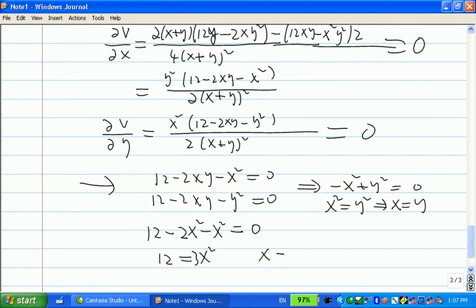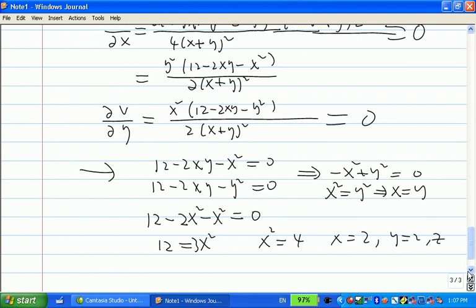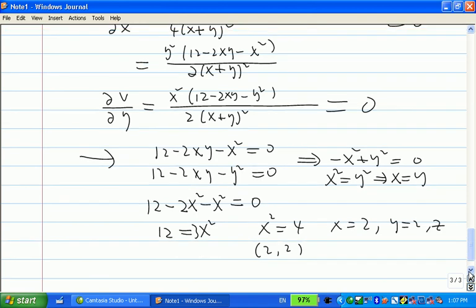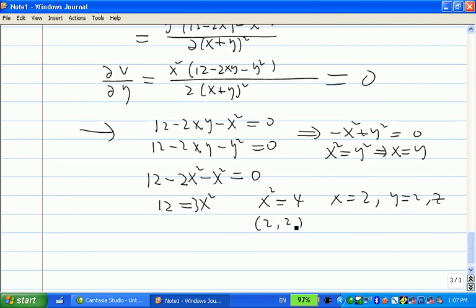So x squared equals 4, x equals 2. Similarly, you can find y equals 2. So x equals 2, y equals 2 is where the maximum or minimum could happen. Then you can use the second derivative test, and obviously, this one is a local maximum.